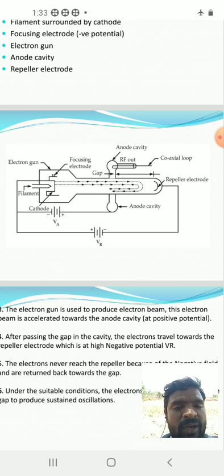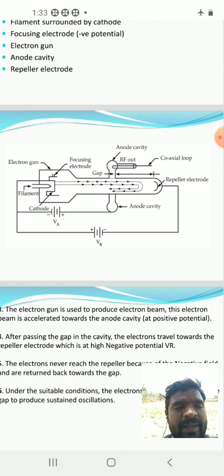How are the electrons in the forward direction and the electrons in the reverse direction combined? At this point, some of the electrons gain energy and some of the electrons lose energy. So the high or low energy electrons produce the sustained oscillation or bunching in this process.